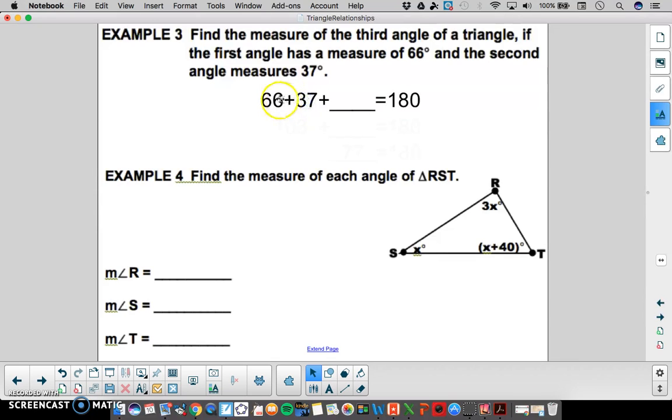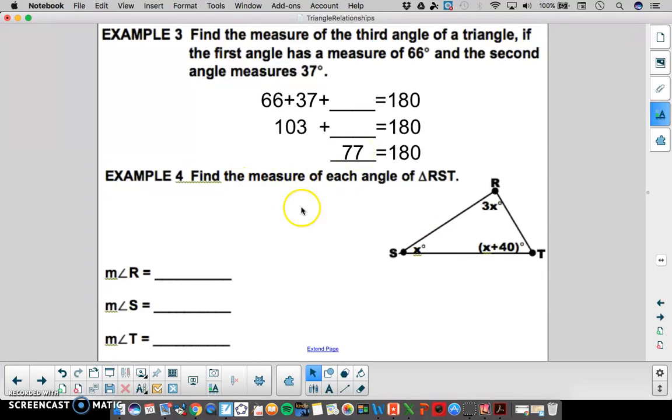So I know 66 plus 37 plus that missing angle have to be 180. We could call that missing angle X, or we could just call it blank in this scenario. So I'm going to combine my 66 and 37 and get 103. And then subtract 103 from 180 and get 77. So the missing angle is 77 degrees.